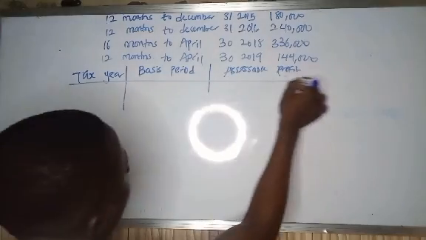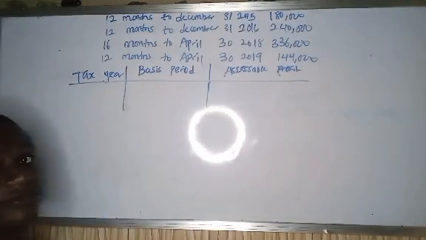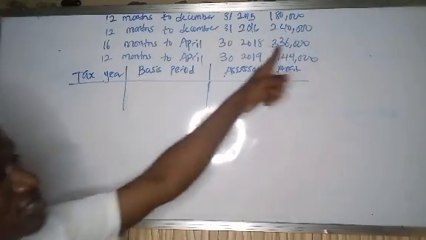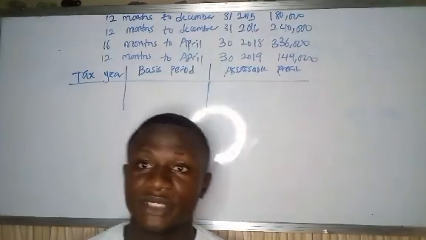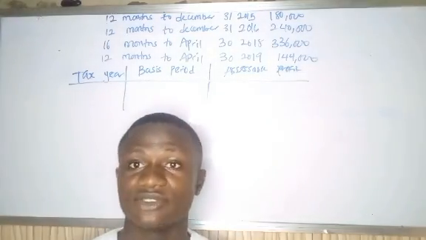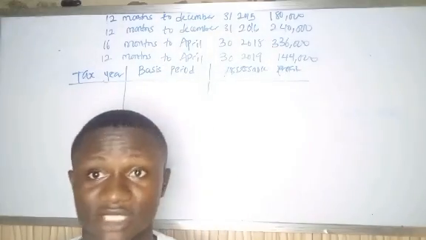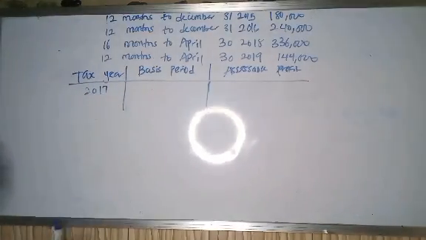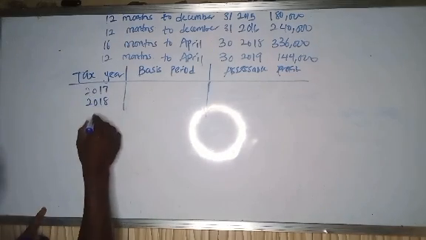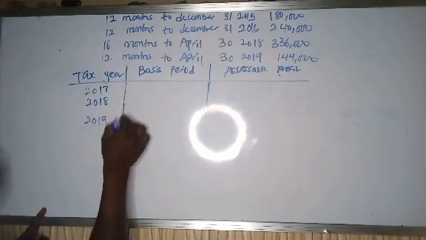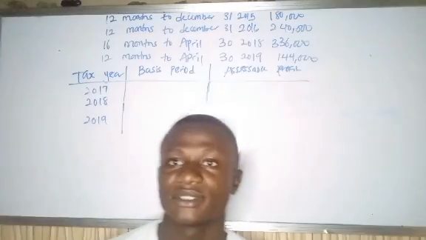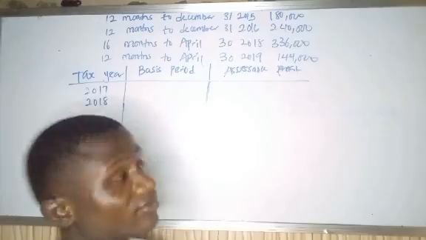So from this analogy, 2017 is the year the issue began. So we are starting with year 2017 because that's what the rule states. So year 2017, year 2018, and year 2019. The year the issue began and 2 years after. So the issue began in the year 2017.